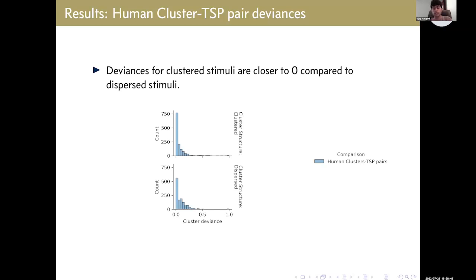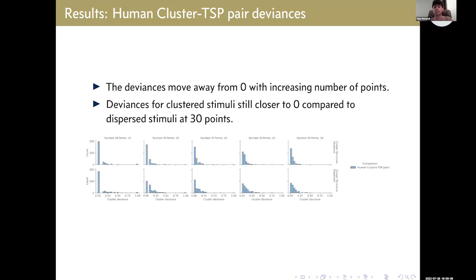And if you split this over clustered or dispersed stimuli, with clustered on top, you see that the deviances for clustered stimuli are closer to 0 compared to dispersed stimuli, which follows the same pattern we've seen in our previous studies of reliability.